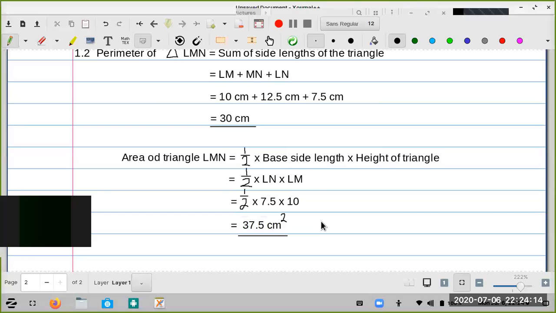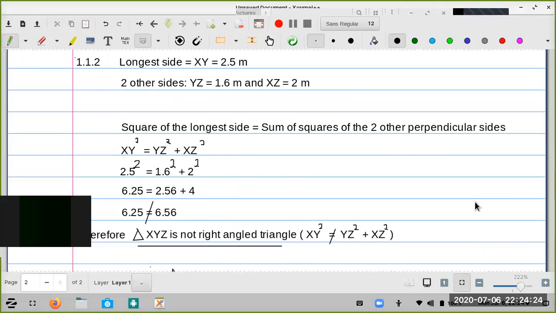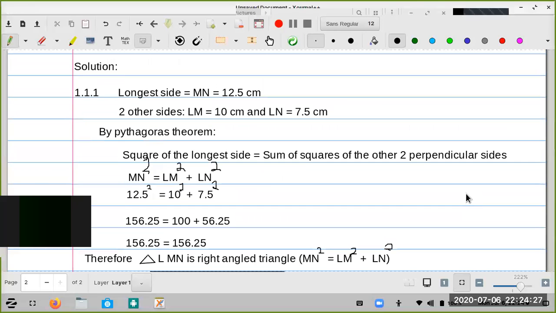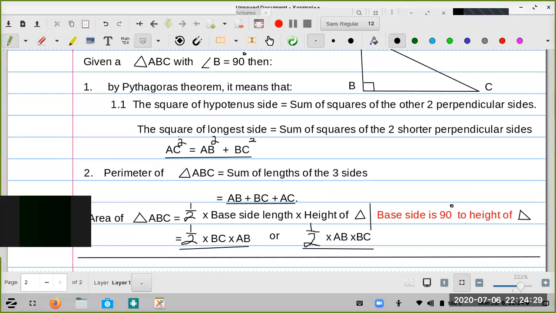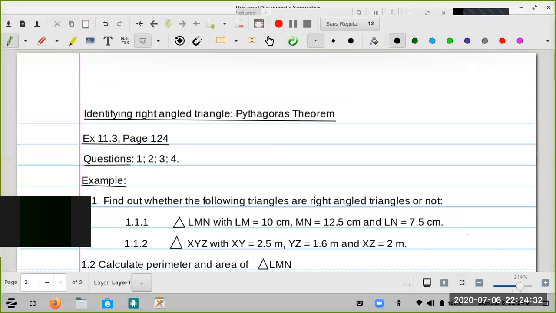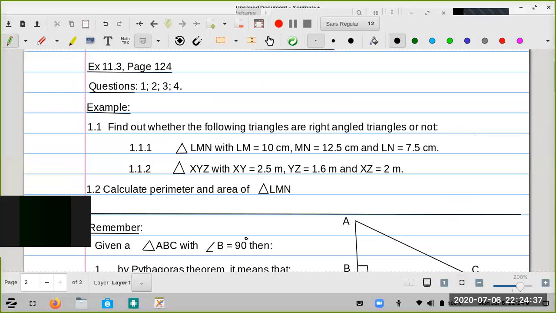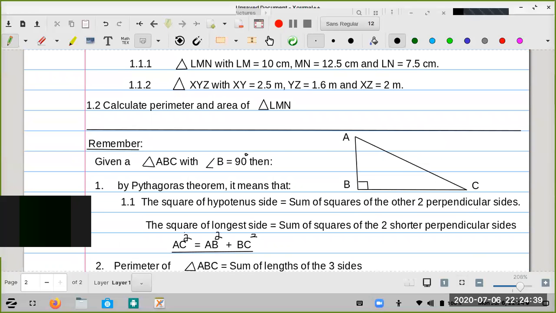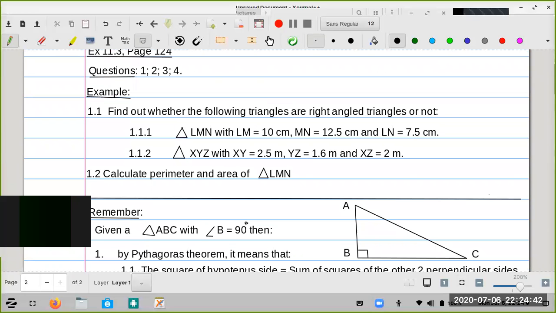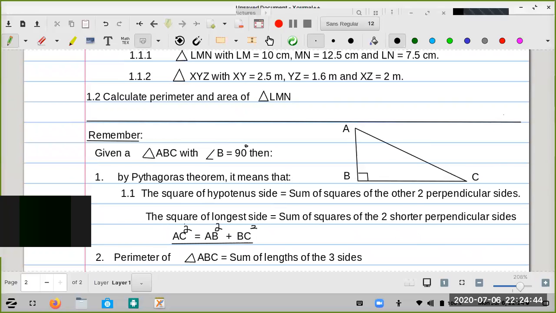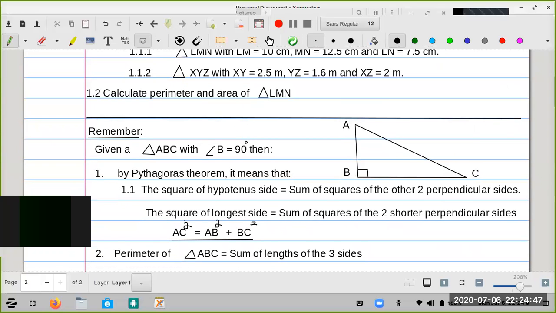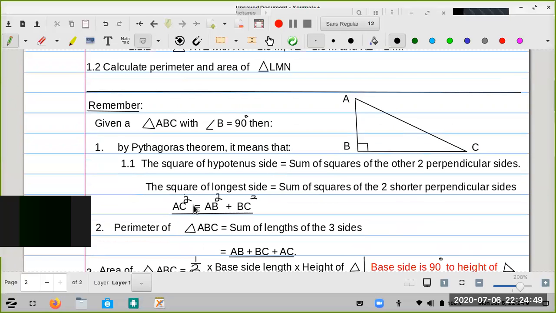So as a recap, the major issue that we're dealing with is to prove that certain triangles are right-angled triangles and certain triangles are not. So if we are to identify a triangle as right-angled or not, for it to be right-angled, it must satisfy Pythagoras' theorem, or number 1 here.